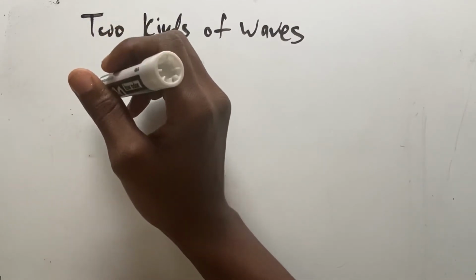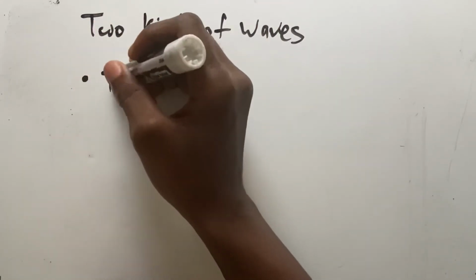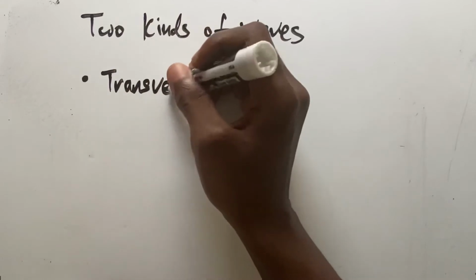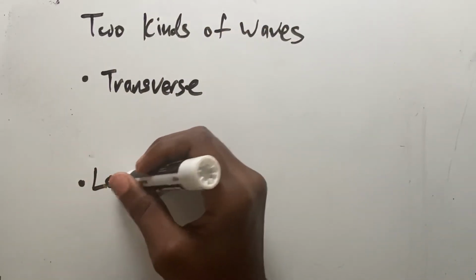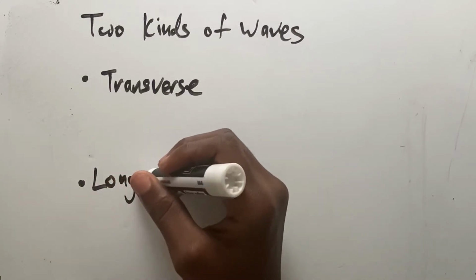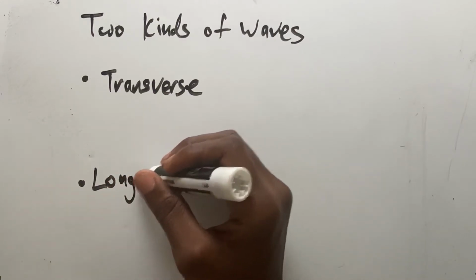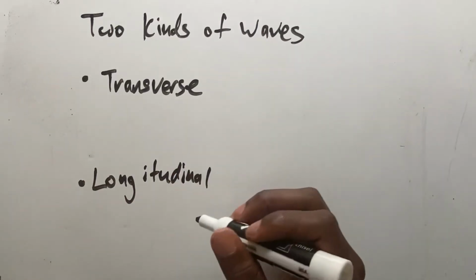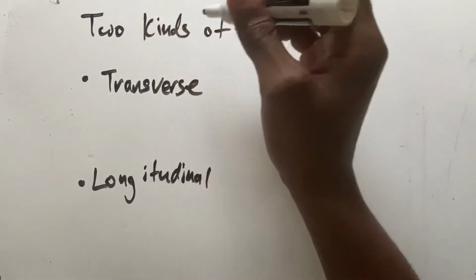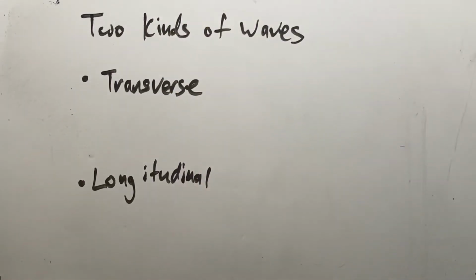There's transverse waves, and then there's longitudinal. How do you spell that? L-O-N-G-I-T-U-D-I-N-A-L. I think that's how you spell it. So there's the transverse waves and longitudinal waves.